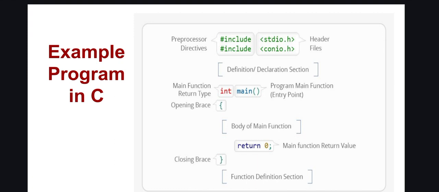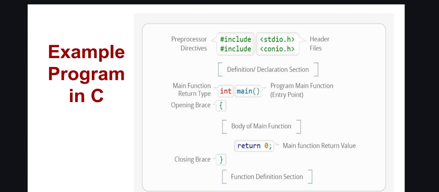The next comes link section, which we have discussed previously. In link section, we define the preprocessor directives along with header files. The preprocessor directives are represented with hash include, and the header files are represented with .h extension for the file.